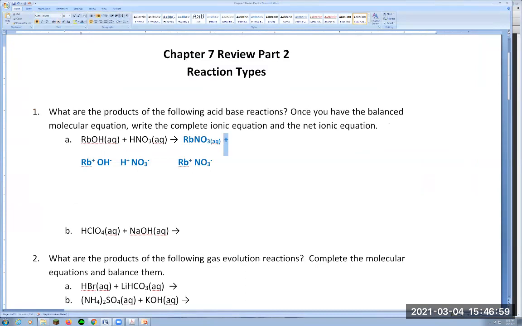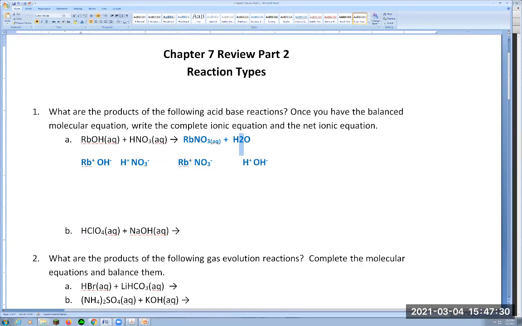So let's find the other possible product out of this mixture. The other positive ion, H+, can decide to combine with the other negative ion, and that's the OH- here, instead of the nitrate. So when H+ combines with OH-, the formula will be H2O.